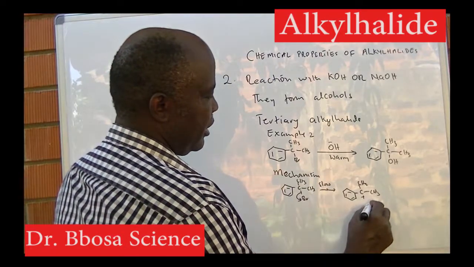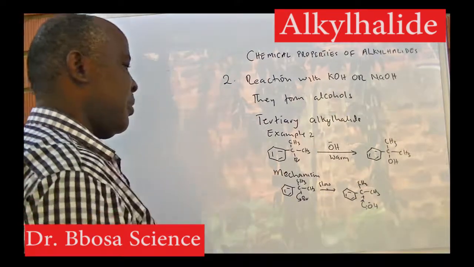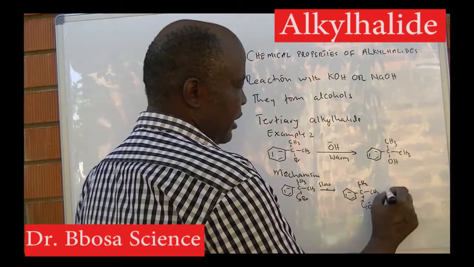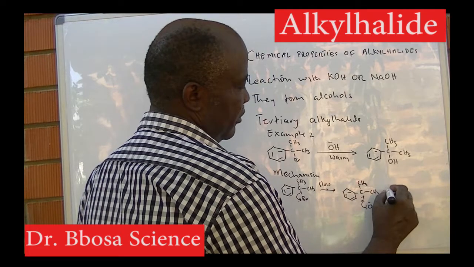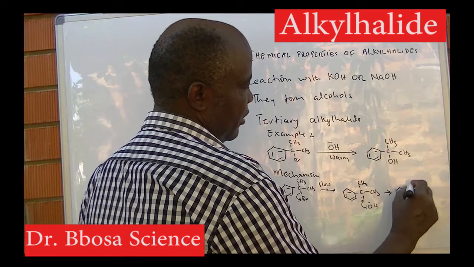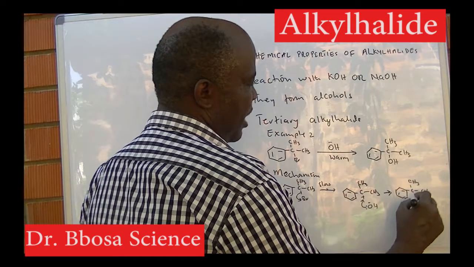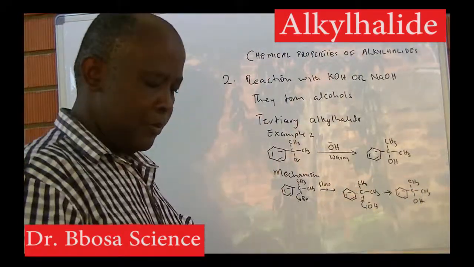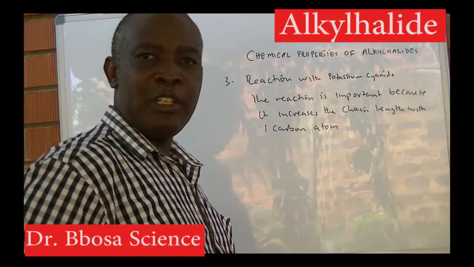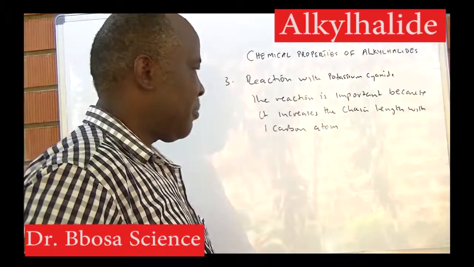Then the OH ion uses a pair of electrons to react with the positive charge, and then you get 2-phenylpropan-2-ol. The reaction is important because it increases the chain length by one carbon atom.